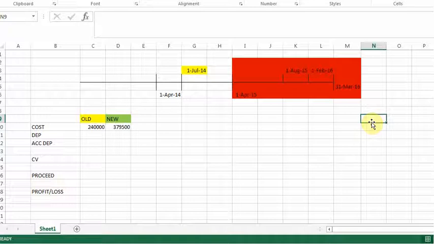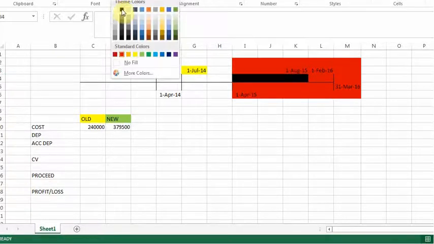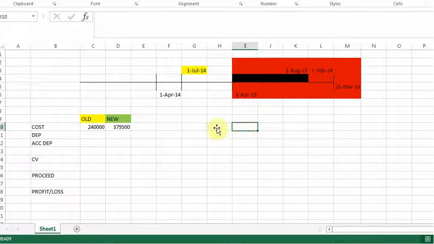So if we look at the old vehicle, we had it and we sold it then on 1 February. So I had it at the beginning of the year and I sold it on 1 February. So up to 1 February, let's use another color. Let's make it blue. That should be our depreciation, right?